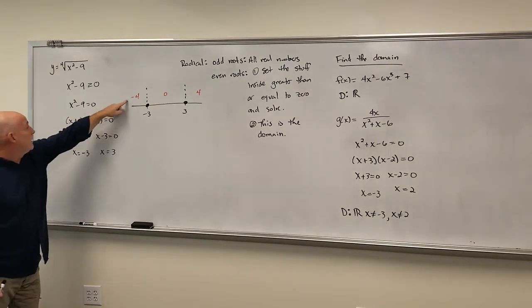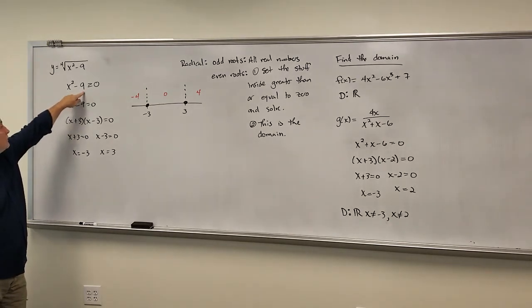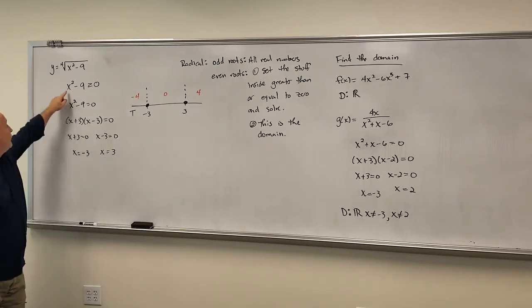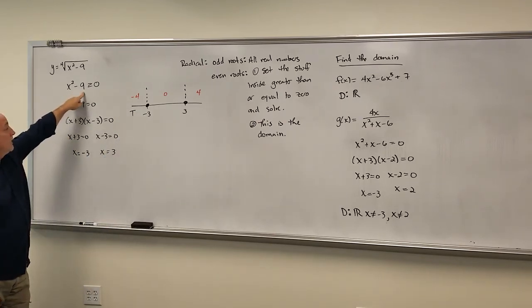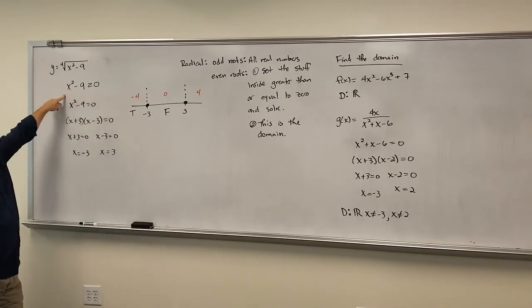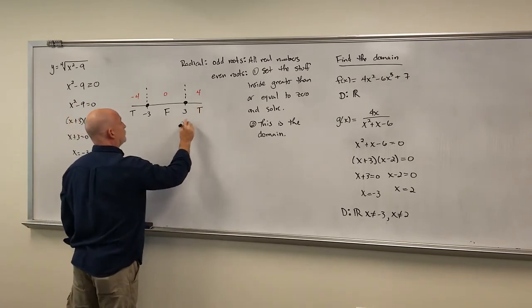This is pretty easy. -4 squared is 16, minus 9, well that's greater than 0, so it's going to be true over here. 0 squared is 0, minus 9 is not bigger than 0, so that's false. And when I plug 4 into there, 16 minus 9 is bigger than 0, so that is also true.